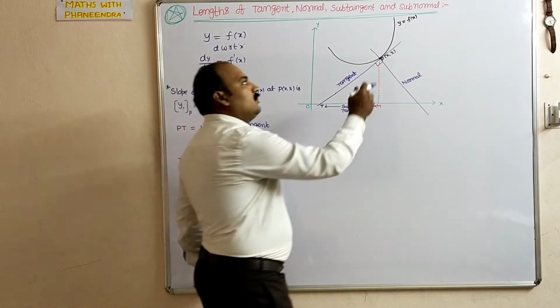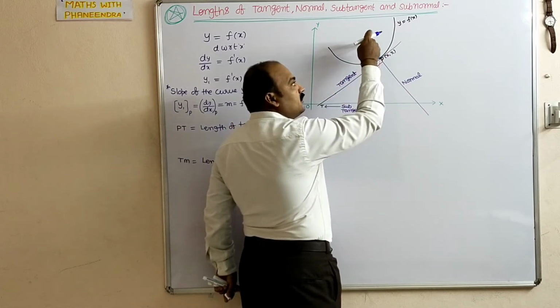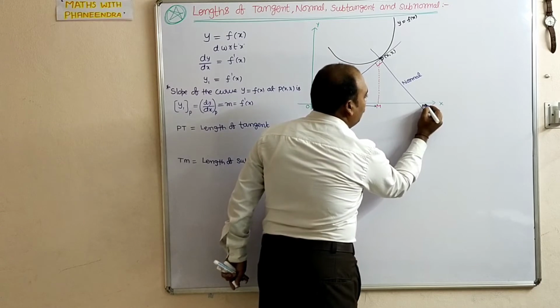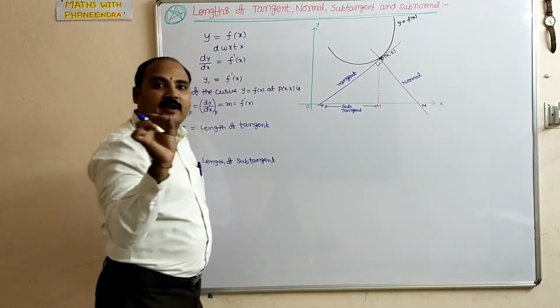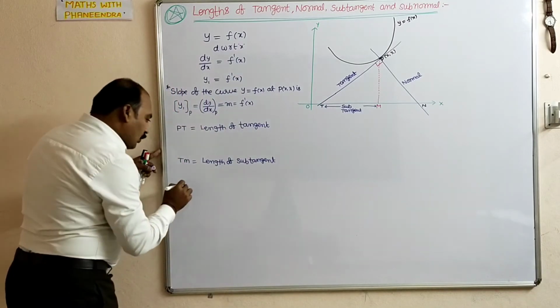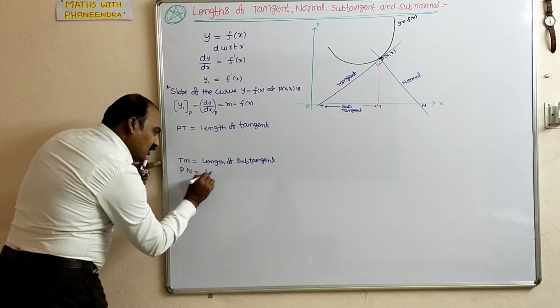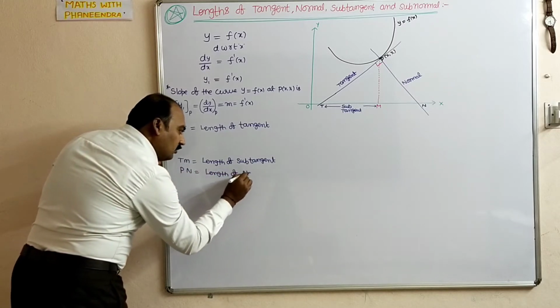And the line which is perpendicular to the tangent and which meets the x-axis in the point N, then the value of Pn is called length of normal. So Pn is equal to the length of normal.